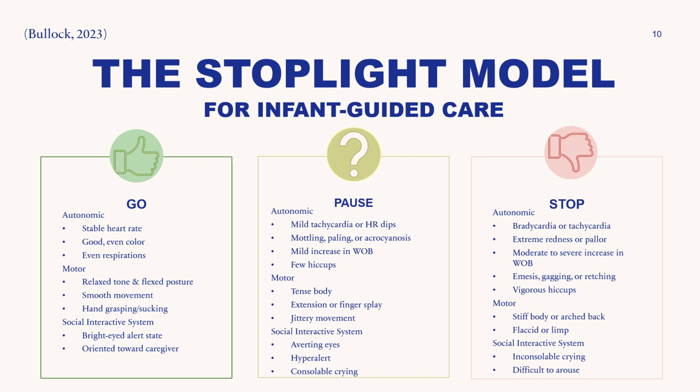They're ready to try eating by mouth if they have a stable heart rate, good even color, even respirations. They look relaxed and have a flexed posture. They have smooth movements. Maybe they're grasping with their hands or they're putting their hand to mouth. And they have a bright-eyed stare and they're looking at you and making eye contact.